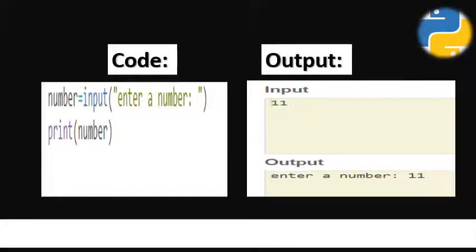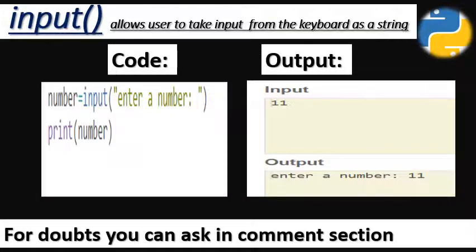Here my second example is also of the input function. Inside my code I wrote number is equal to input, then enter a number. My number is a variable name and I use this input function. Inside my parentheses and double quotes I wrote enter a number.